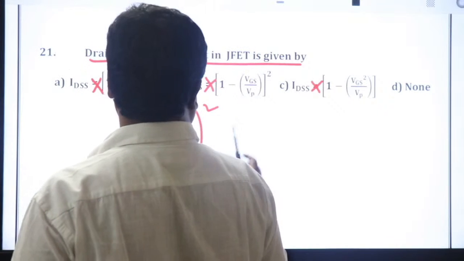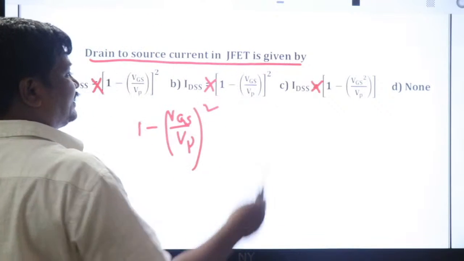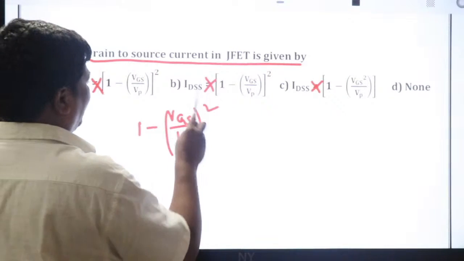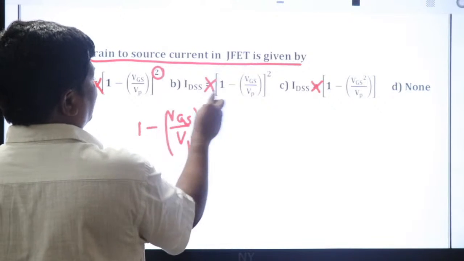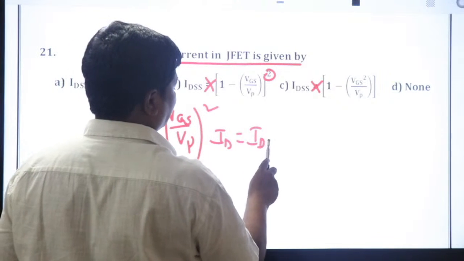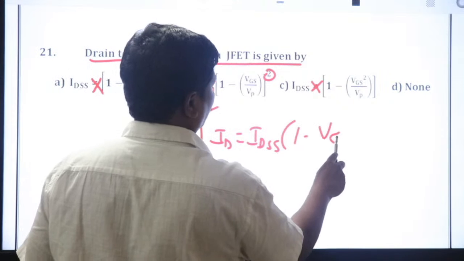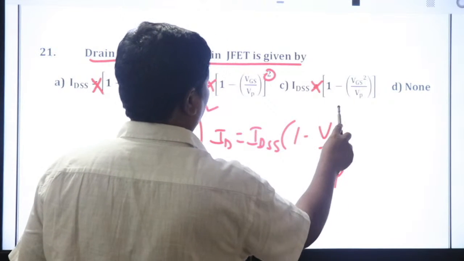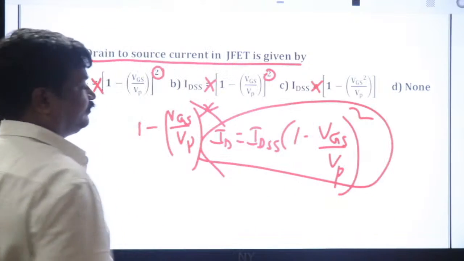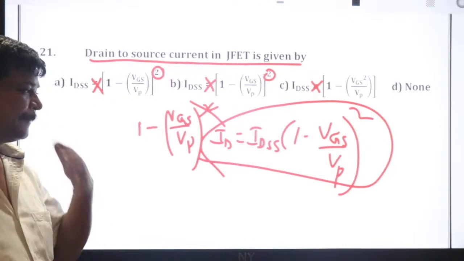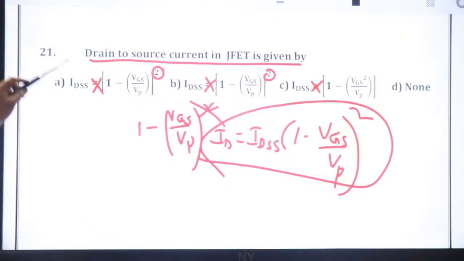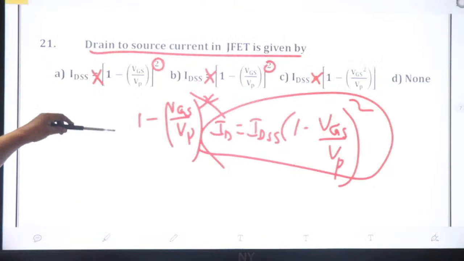ID is equal to IDSS into (1 minus VGS by VP) whole square. Two answers are looking the same, but there should be some difference. The correct answer is ID equals IDSS into (1 minus VGS by VP) whole square, like this. Okay? But we have to follow carefully.